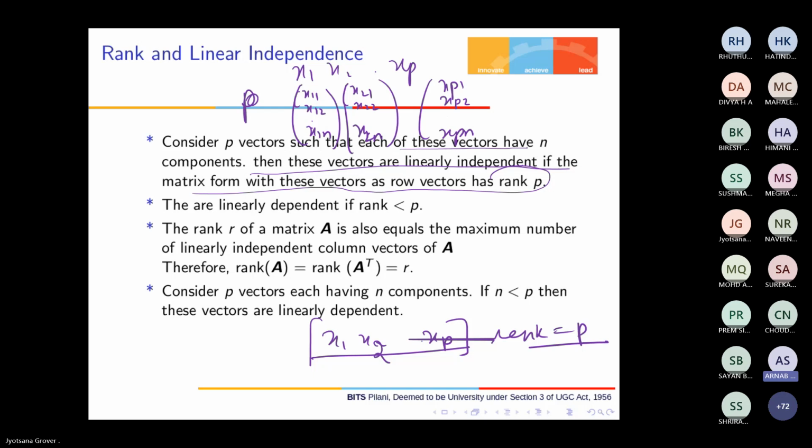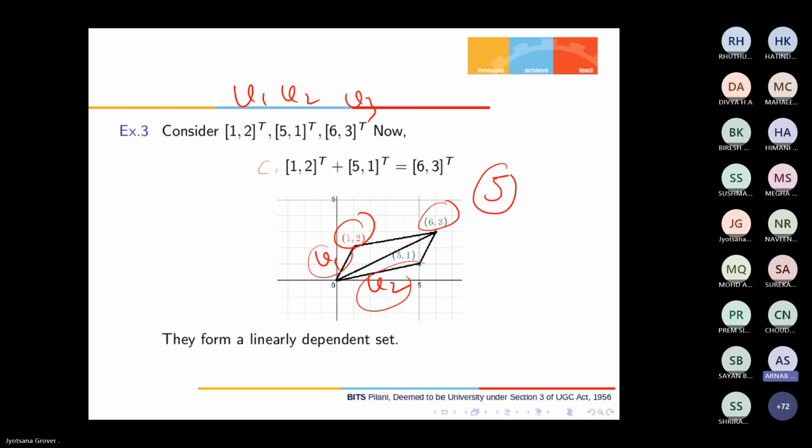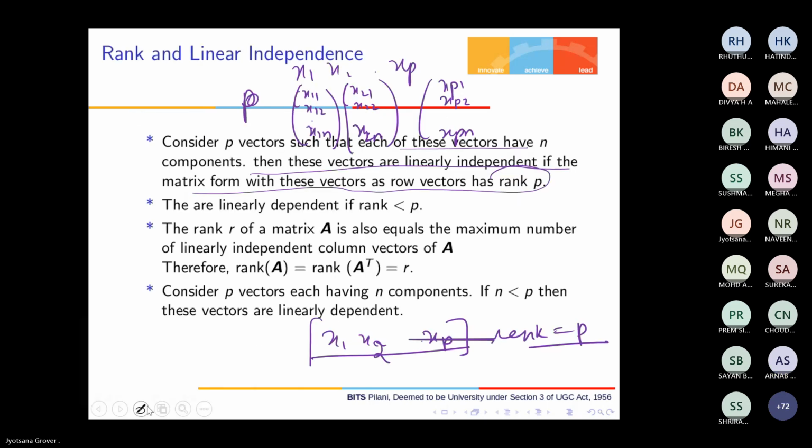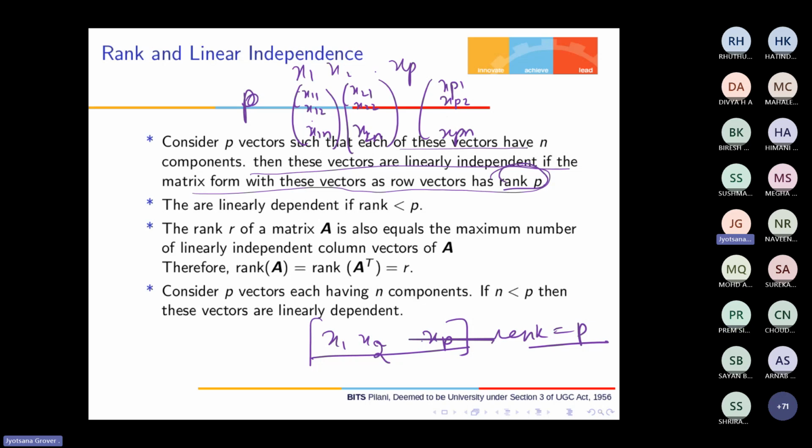In the previous concept we were getting that if the rank is less than p then it is inconsistent. Here you have to look at the augmented matrix only. Suppose A is a matrix which contains p vectors x1, x2, up to xp. If the rank of this matrix is p, then you say these are linearly independent vectors.